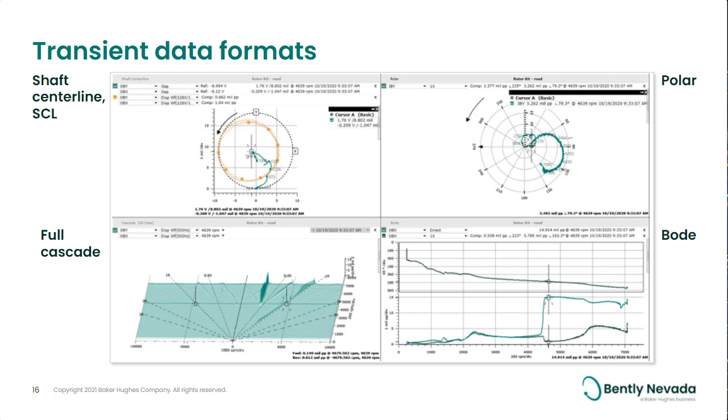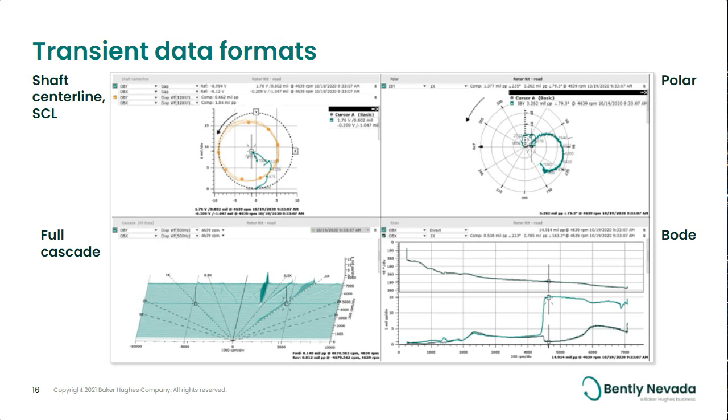The shaft centerline plot I'm not going to spend too much time on, but it basically represents where the shaft is at different speeds and so forth. And it's a great plot for corroborating what you already think you know about what's going on with the machine.